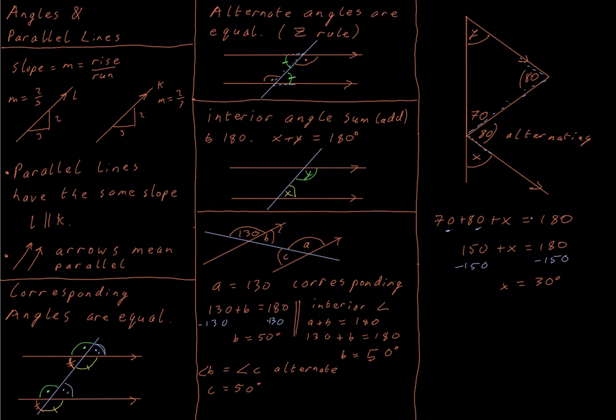That's why that's 80. We know that the angle X is equal to the angle Y because they are corresponding angles. So I tell myself that story, and therefore Y is equal to 30 degrees as well.